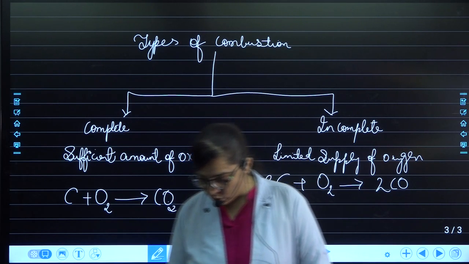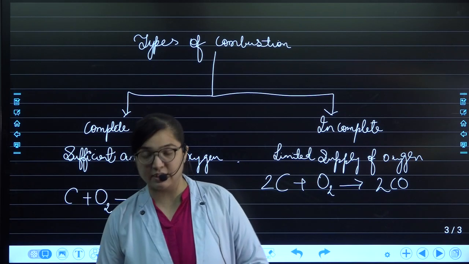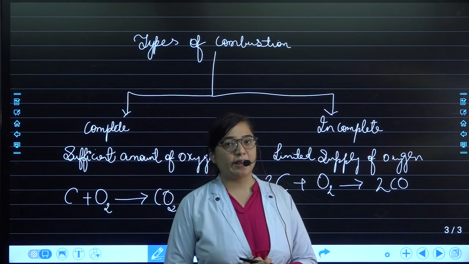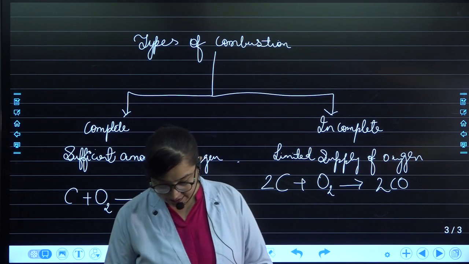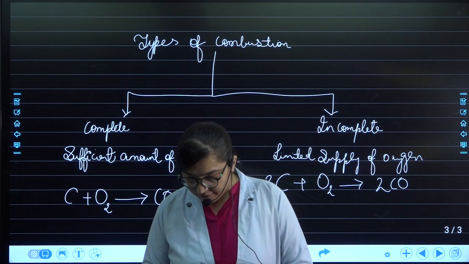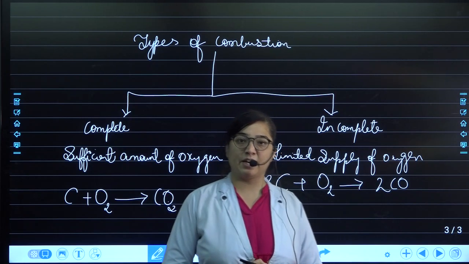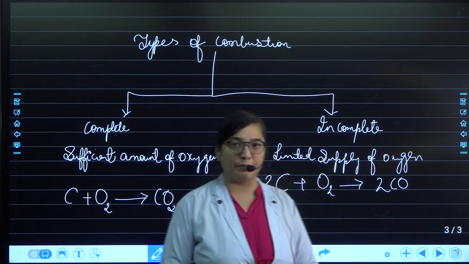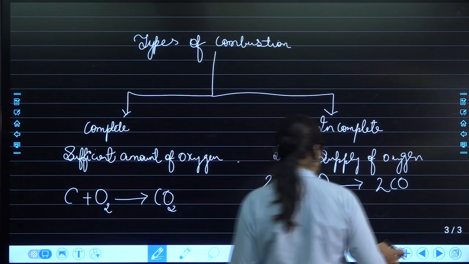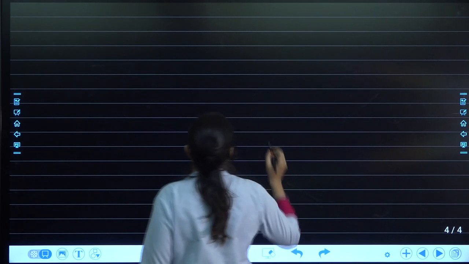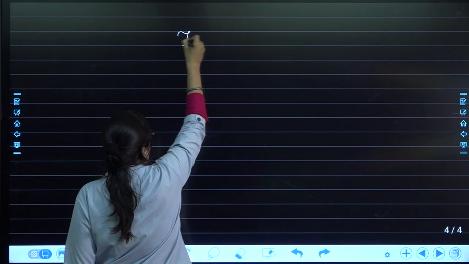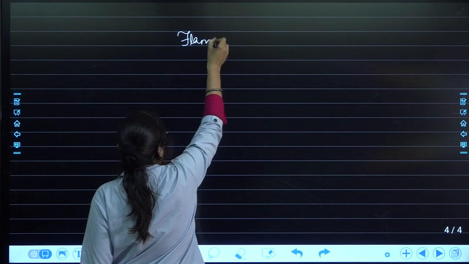It is the shining zone in which combustible substance is undergoing combustion and producing heat and light energy. Flame structure is generally studied with respect to the candle, which you already studied, and flame is again of two types.